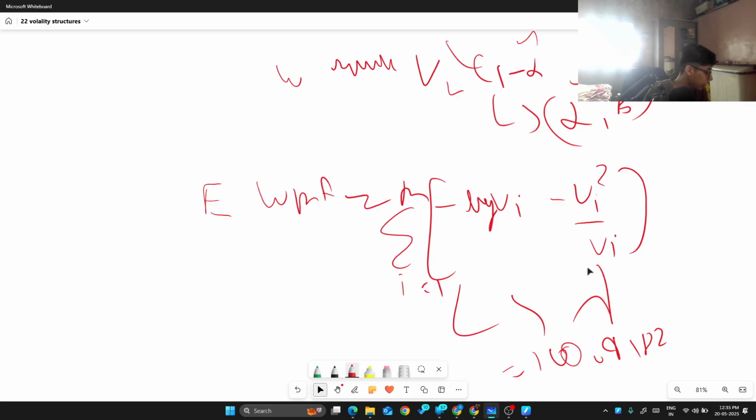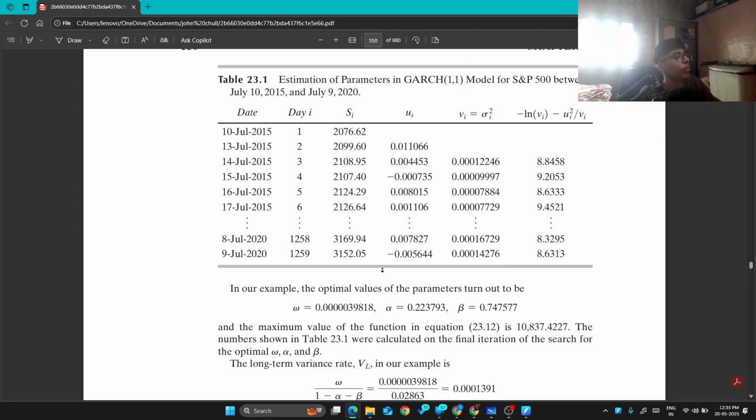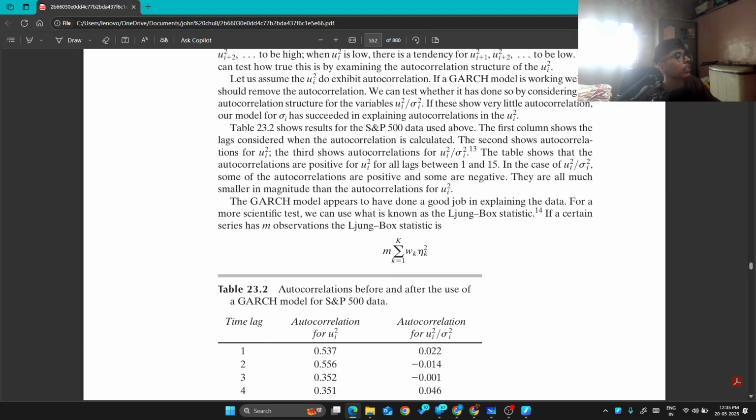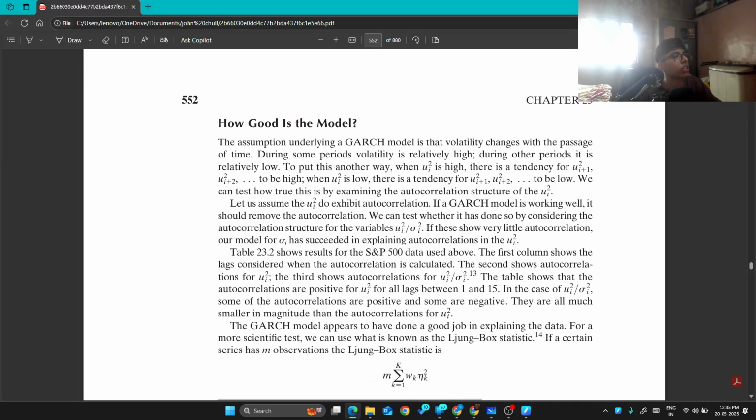And let's see if GARCH is a good model. GARCH is an autocorrelation model, right? You can see it here. The GARCH model varies with passes of time.